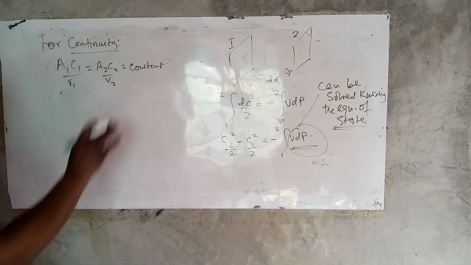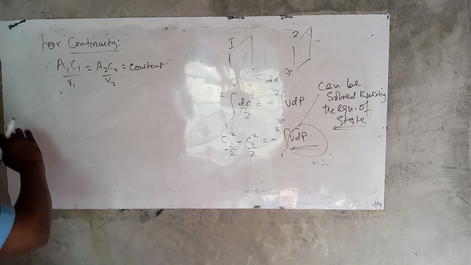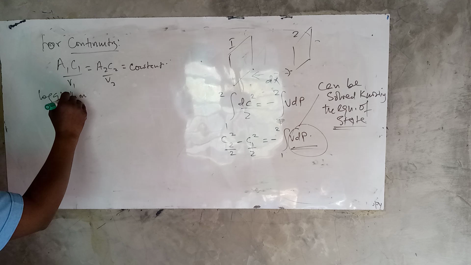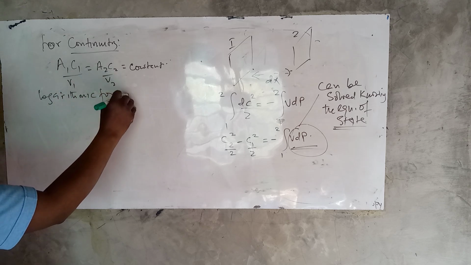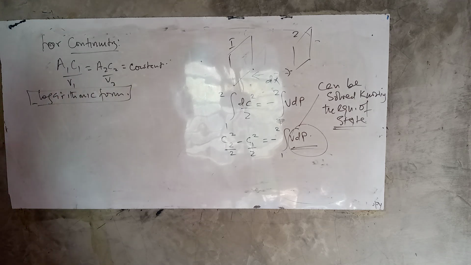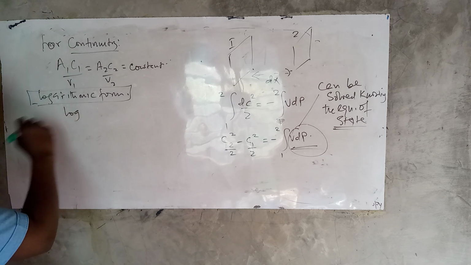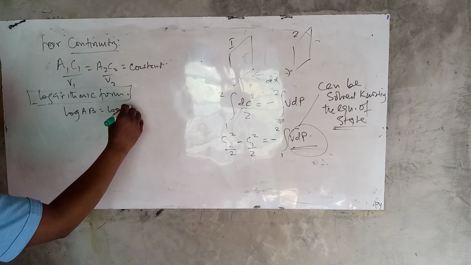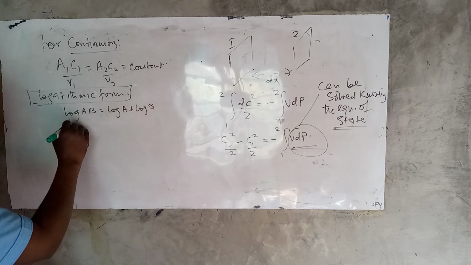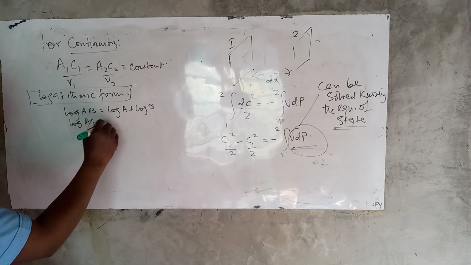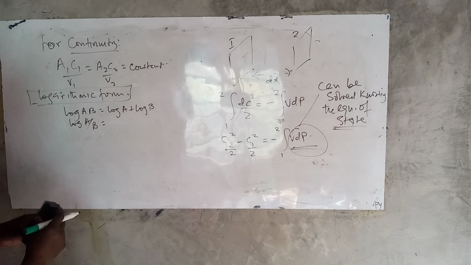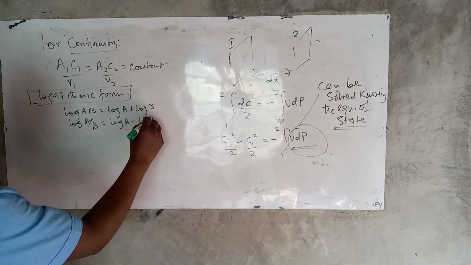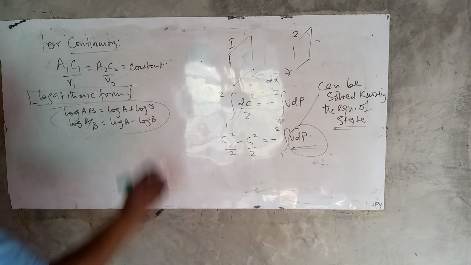So if we take the logarithmic form, using the identity, don't forget, when we said log of AB is log A plus log B, and log of A over B is log A minus log B. Remember this identity, very important.